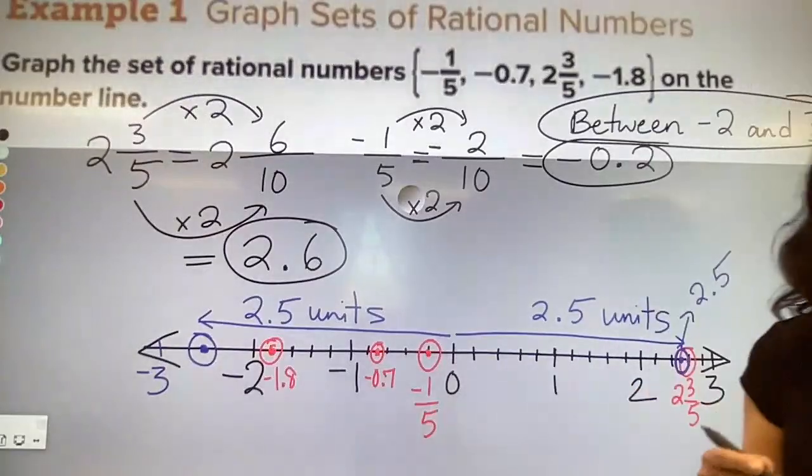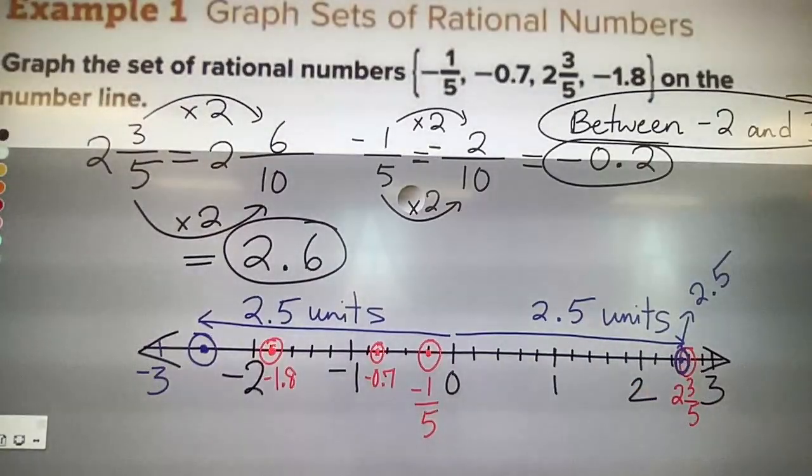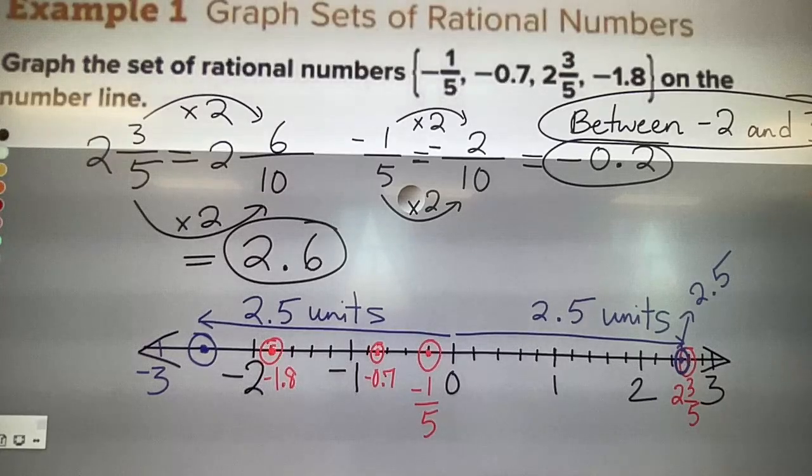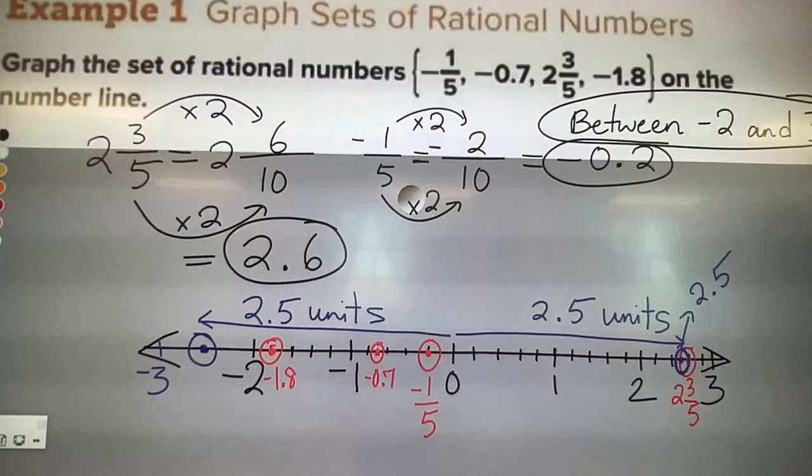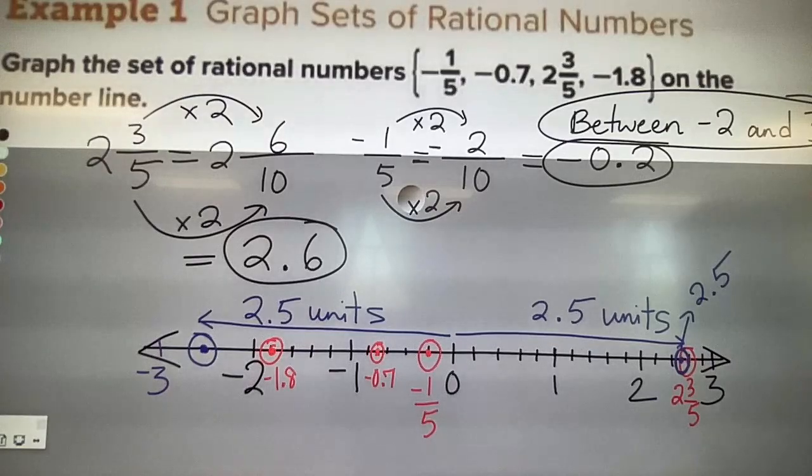And so rational numbers, again, if you have 2 and 5/10 and you have -2 and 5/10, they are each 2 and 5/10 units from 0, even though they are on opposite sides of 0. And numbers that are the same distance from 0 on a number line have the same absolute value.